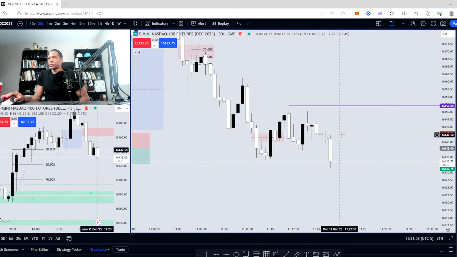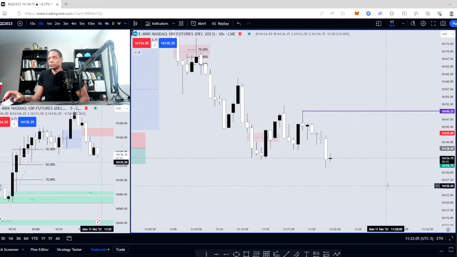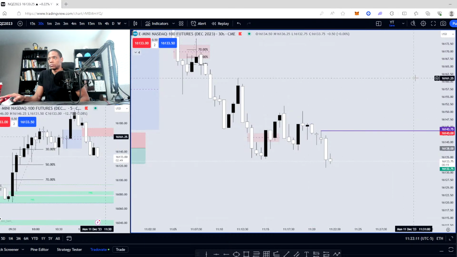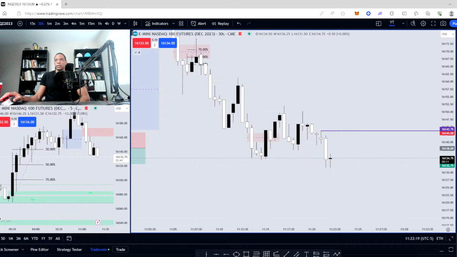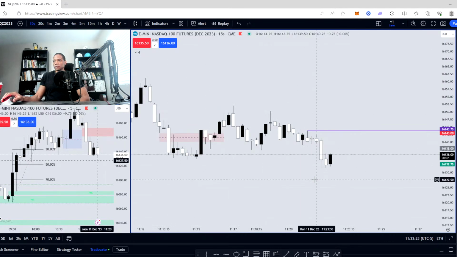But in order for a short setup, we need a sweep of one of these highs to happen. We can move this down actually to here. That's our lowest swing high that we're waiting to have broken. I can almost guarantee, I bet you it broke on the 15. Yeah.